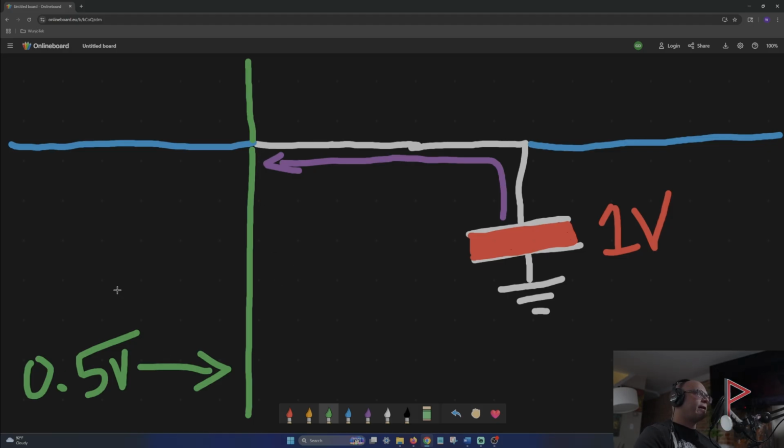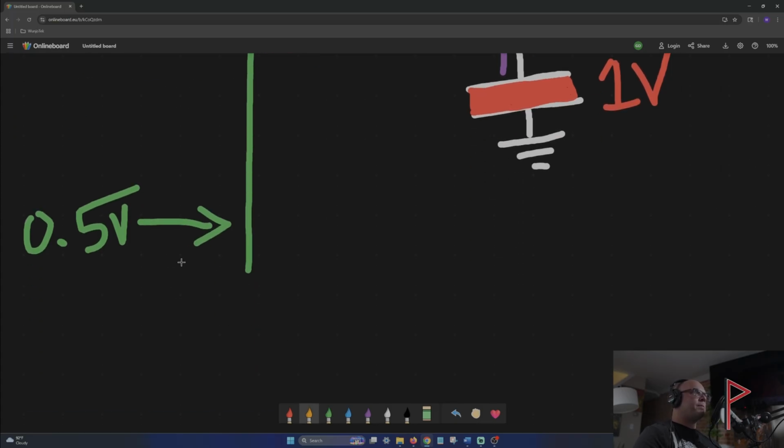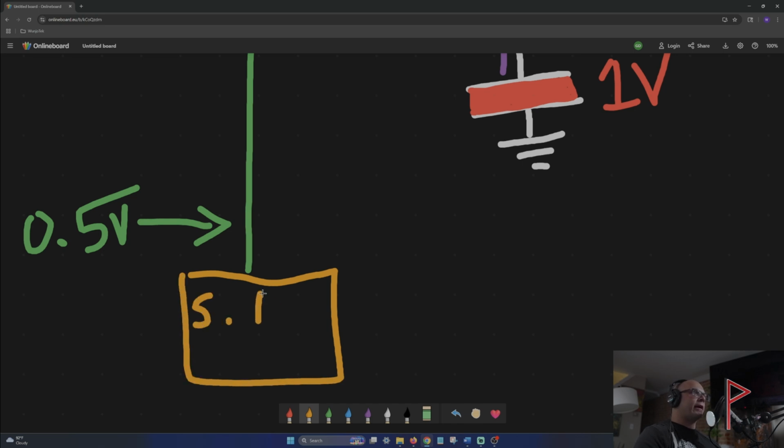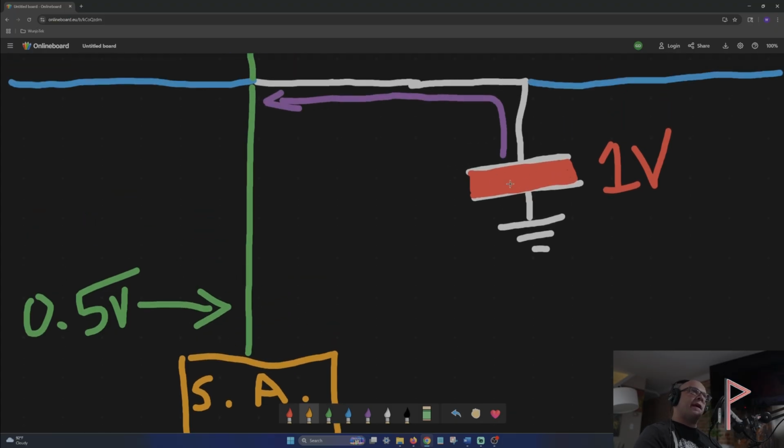So this 0.5 volts is increasing, and that increase is being detected by something called a sense amplifier. Sense amplifier right here. And that sense amplifier has detected that this 0.5 volts is increasing because this 1 volt that the capacitor was holding is discharging into the bit line.